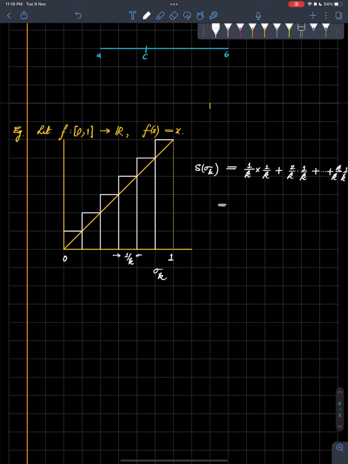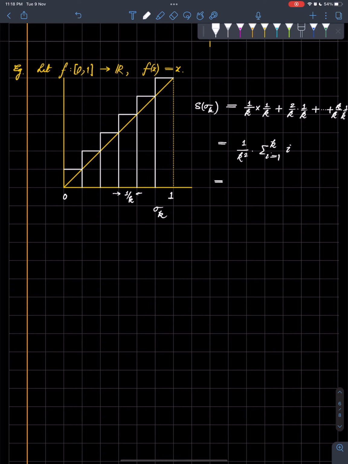And this is equal to 1 upon k square summation i equals 1 to k of i, which is 1 upon k square times k into k plus 1 by 2, which is half of 1 plus 1 by k. So therefore the limit as k tends to infinity of S sigma k is half.